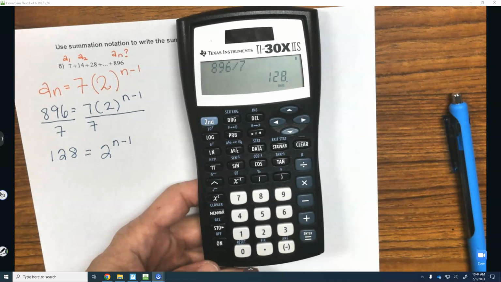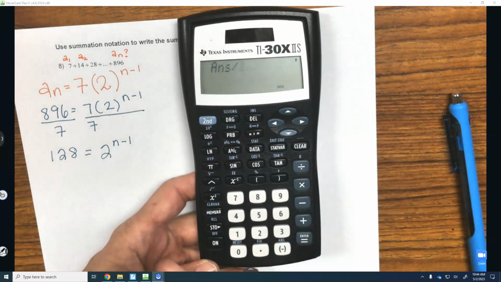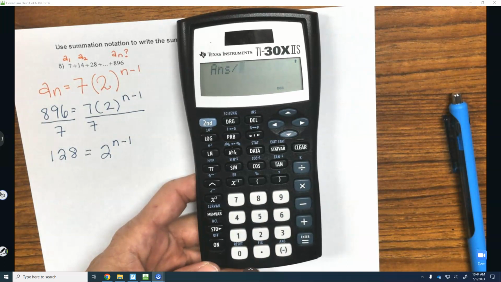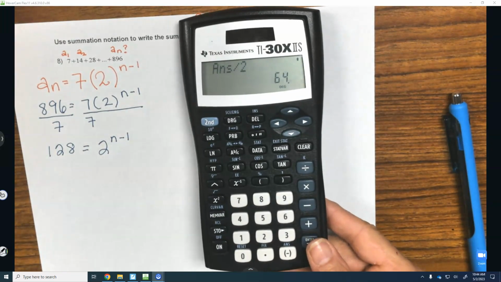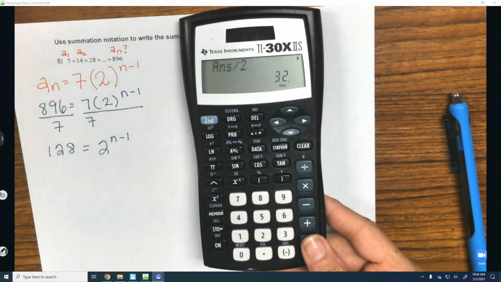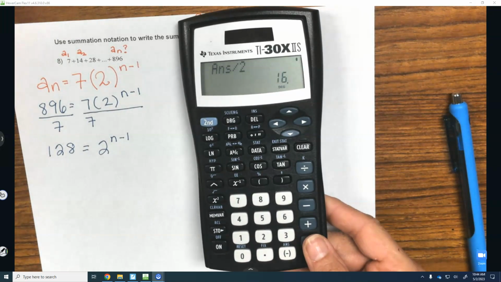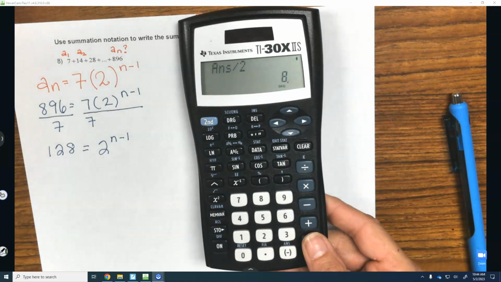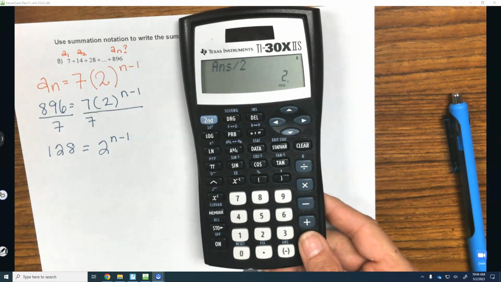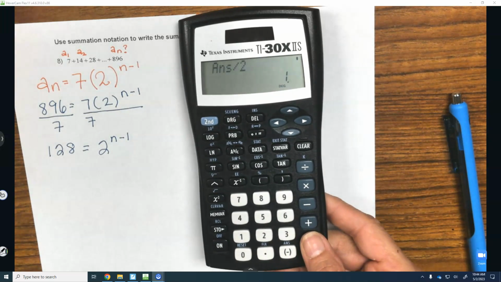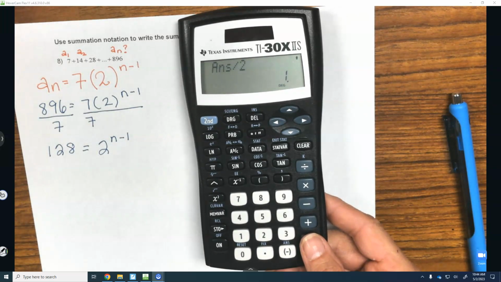What I can do is divide by 2 and count how many times until I reach 1. Watch what I can do. I'm going to divide by 2. That's 1. There's 2, 3, 4, 5, 6, 7.